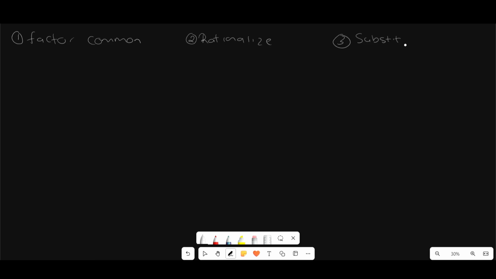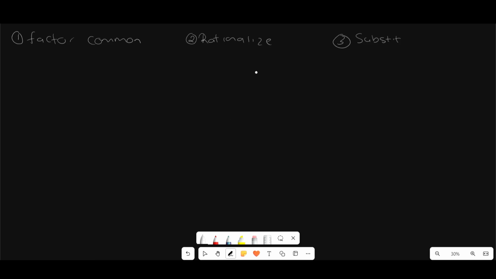For factorization, it's when you have polynomial functions. By polynomial functions I mean any function that does not have a square root. If it doesn't have a square root, that means you have to factorize.